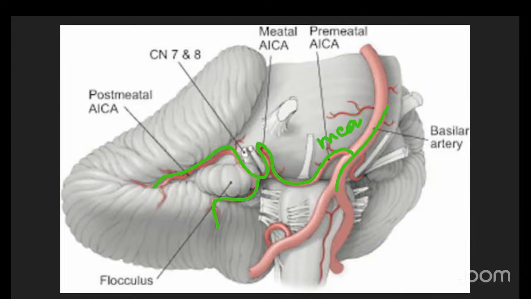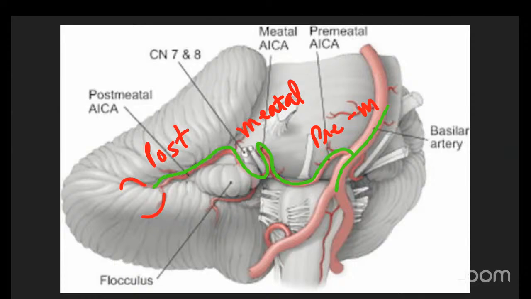I labeled it wrong. So this is the premeatal AICA. This is the meatal AICA. This one is postmeatal. And these branches, if I continue them, are the cortical branches or the cortical segment.